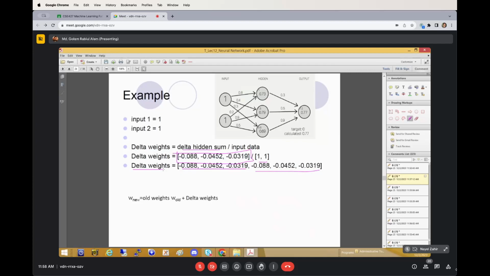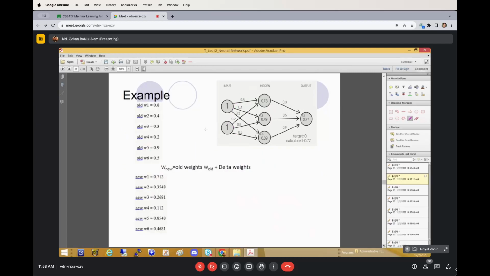That means we need to change these weights using our delta, so the old weights plus delta weights. If we do that, then these weights will be updated like this. So now these are the weights we have and the updated weights.